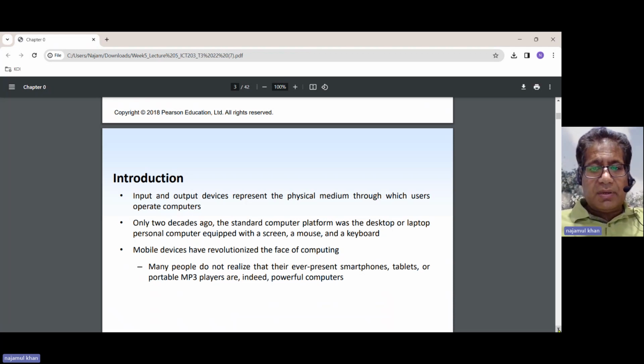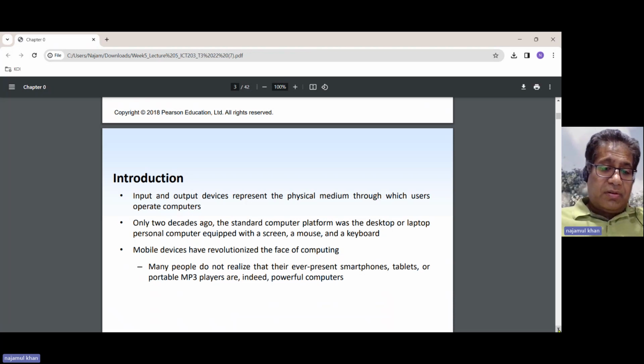Now, a lot of things can be done on a mobile phone. A mobile phone has become a small computer in your pocket. So try to understand that, from a bigger monitor to the small screen of a mobile phone, which can be used as efficiently as a computer.